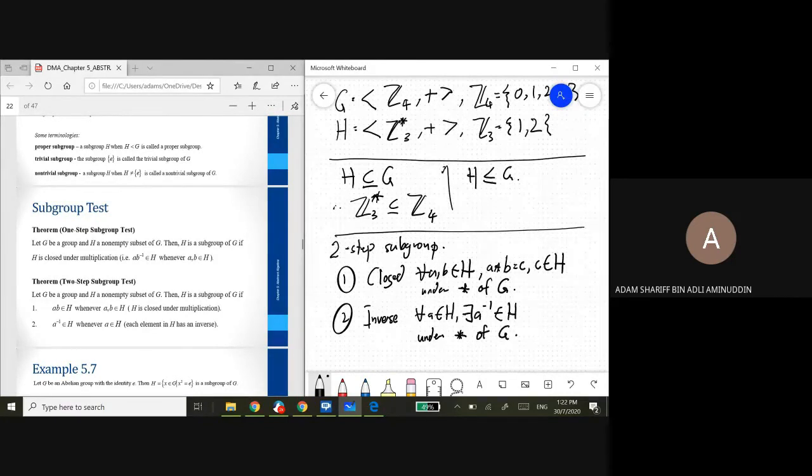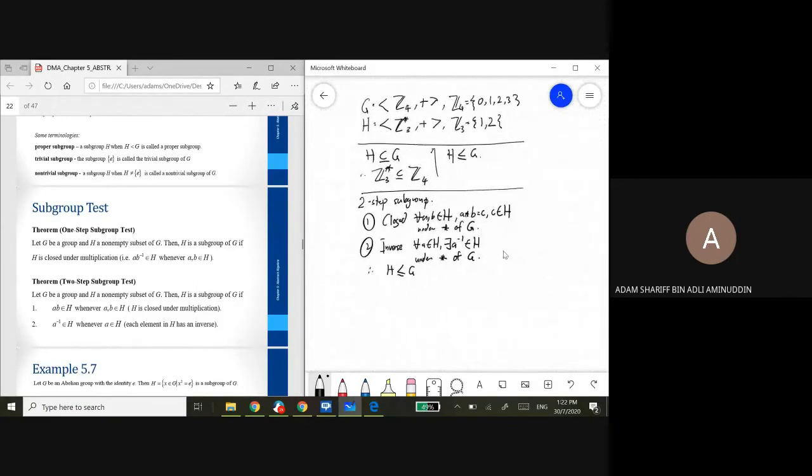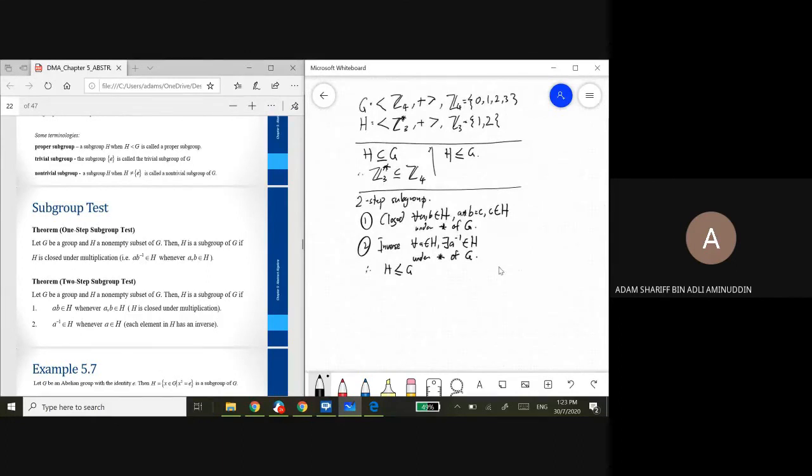If it satisfies these two conditions, closed in H under the binary operation of G, and also it has an inverse which is in H under the binary operation of G, then we can say that H is a subgroup of G. Now let's try to implement this example. This time we have H defined as Z3 star and G as Z4, where I have already shown H is definitely a subset of G. Now the question is, is it a subgroup of G?